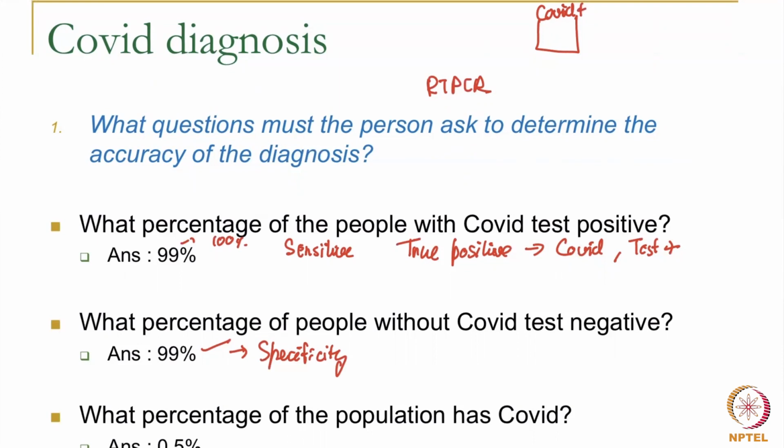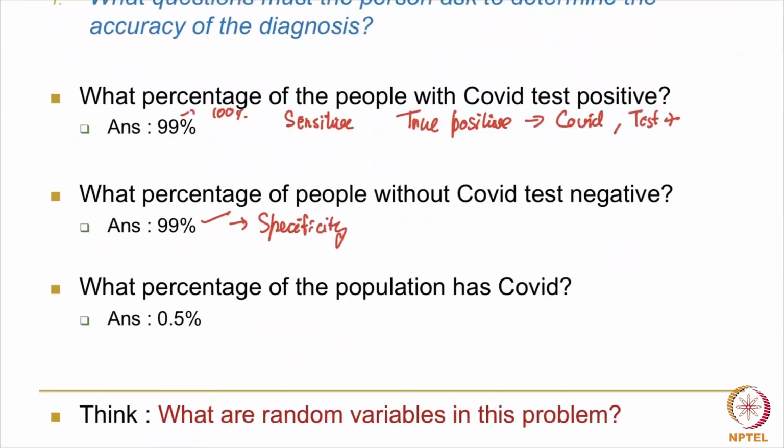Okay. But it turns out, and if we do Bayes theorem properly, we actually need a third number, which is what percentage of the population has COVID. And let's say I gave the number 0.5%, which was true at a certain point of time. You can increase this number to 3%, 5%, 10%, whatever you want, and your numbers will change accordingly.